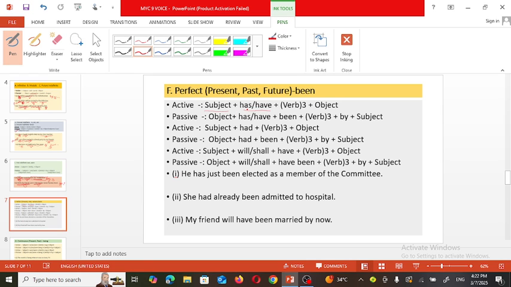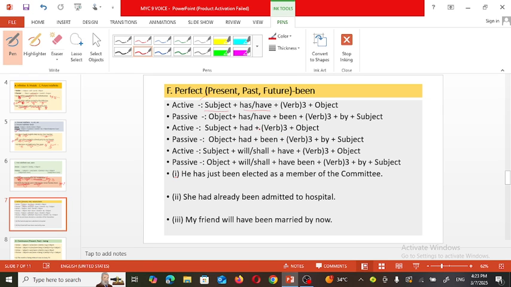So, according to the subject, you have to use have or has. Then the third form of the verb. In all these sentences, whether it is present, past, or future, if it is in a perfect tense, then you must use the third form of the verb everywhere.